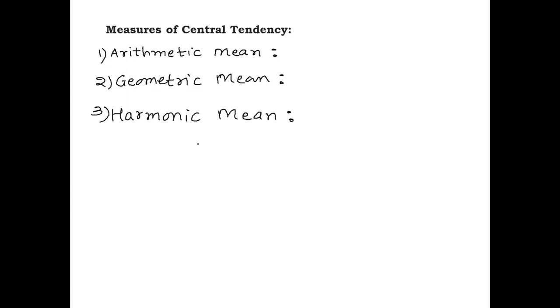In harmonic mean, whatever the number of observations we have, we take reciprocals and then take the arithmetic mean of the reciprocals. Finally, again take the reciprocal, and that will be the harmonic mean. Means harmonic mean is nothing but the reciprocal of the arithmetic mean of the reciprocals of all the observations in the data.